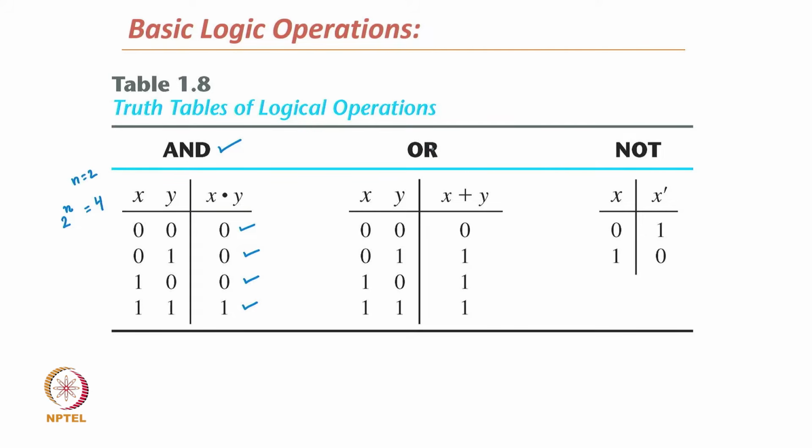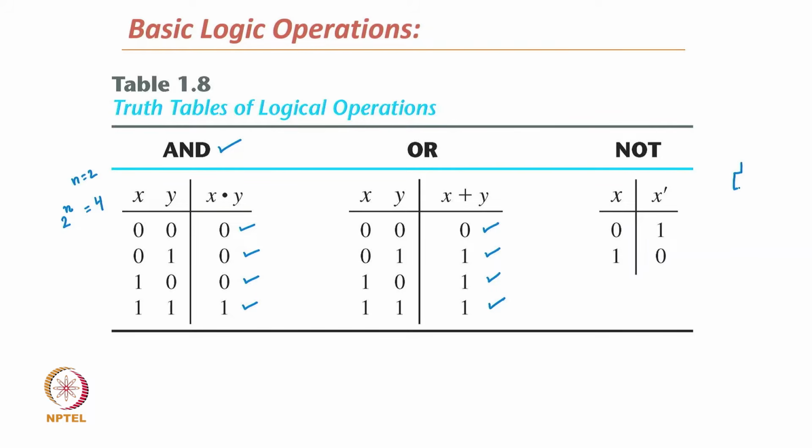Similarly, for the OR gate, which is x plus y, 0 0 gives 0, and in the rest of the combinations, 0 1 is 1, 1 0 is 1 and 1 1 is also 1. This is the truth table of the OR gate. Then we have a NOT gate, which is nothing but an inverter.